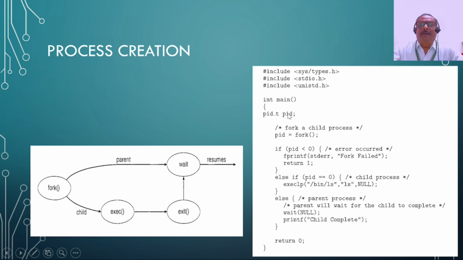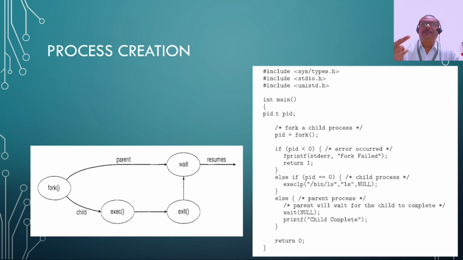Here we have a PID variable that is going to store the process ID of the process, and now we are using the system call fork to create a child process, and this child process, once created, will return an ID, and that is stored in the variable PID. There are three possibilities.